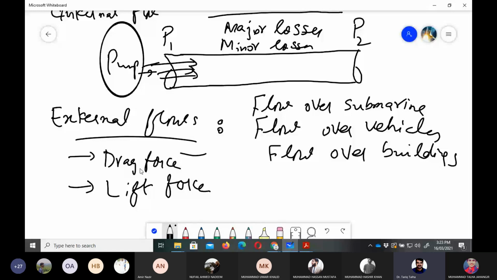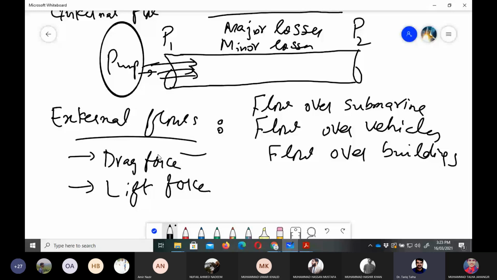Lift force is usually in the direction perpendicular to the flow, which is responsible for aeroplanes to fly. We are going to discuss these two forces and how they are calculated for different kinds of geometries in chapter number 9, which is flow over immersed bodies.